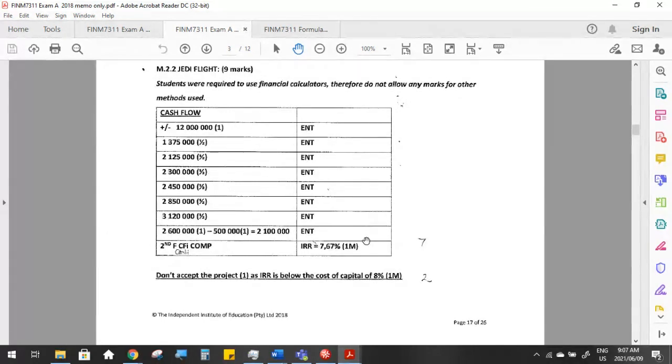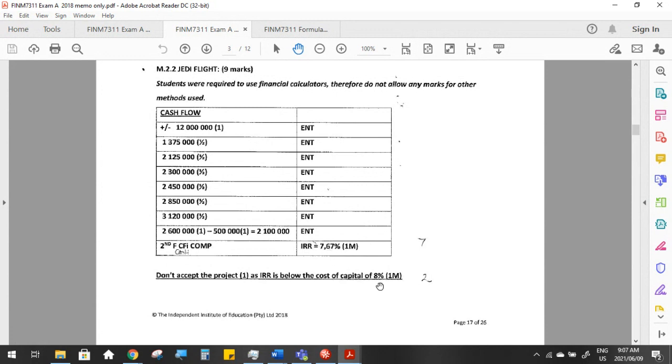So that's the calculation, and then it asked for a decision, which is don't accept the project. There's 1 mark. And the reason, because the internal rate of return of the project is less than the cost of capital. So the project is going to cost us interest of 8%, and we are only going to get a return of 7.67%.